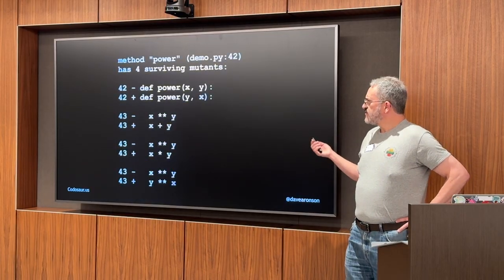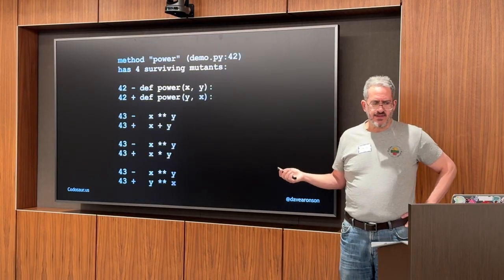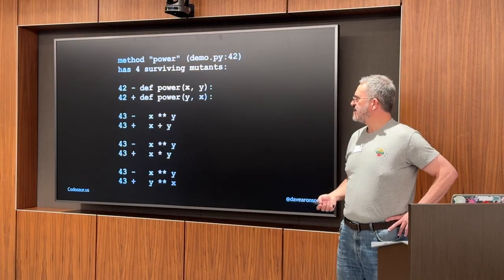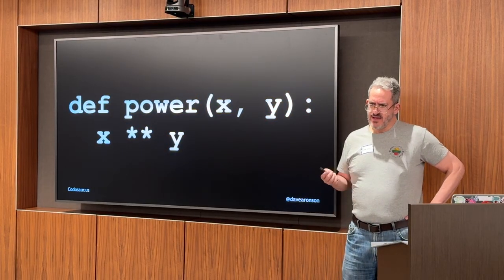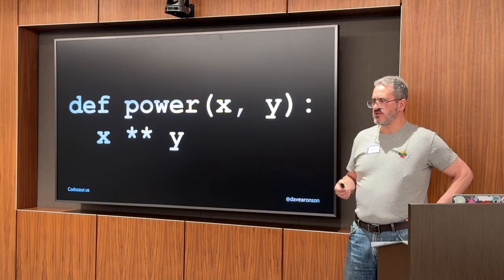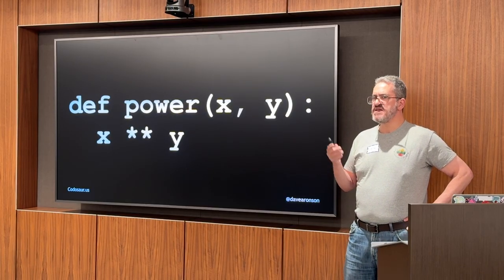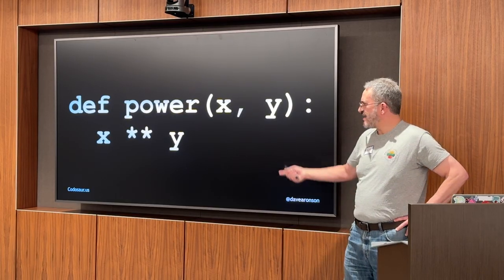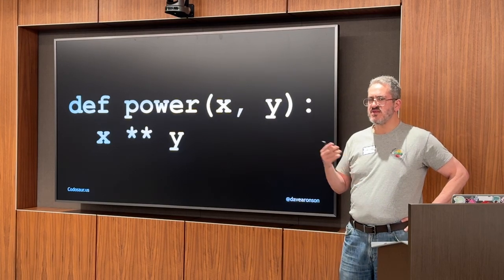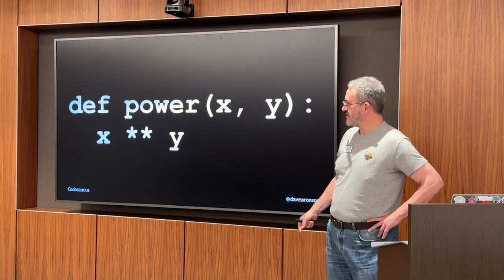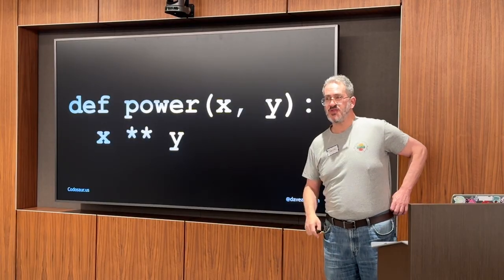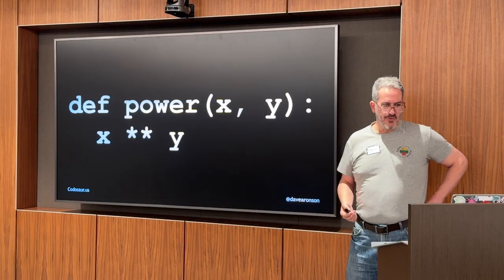So what is this set of surviving mutants trying to tell us? We can tell from a glance at the code that it's probably not redundant or unreachable or otherwise meaningless code. The body's just one line, so once again, that's extremely unlikely unless somebody's seriously messed with the meaning of the operators.